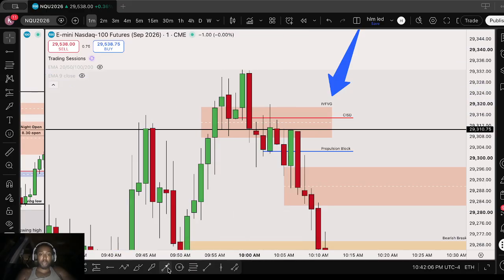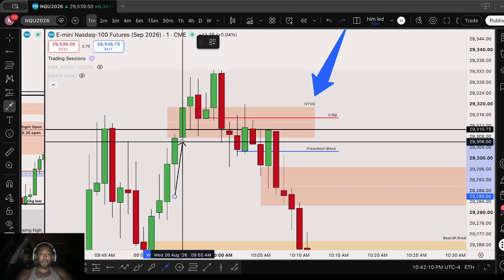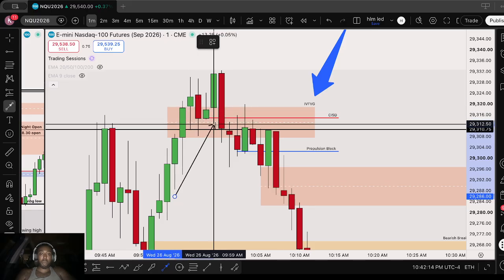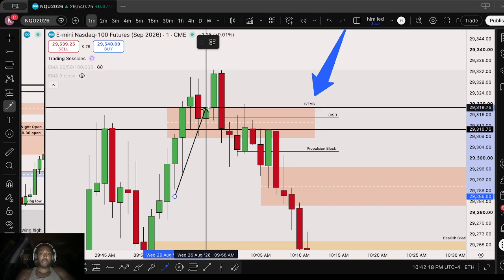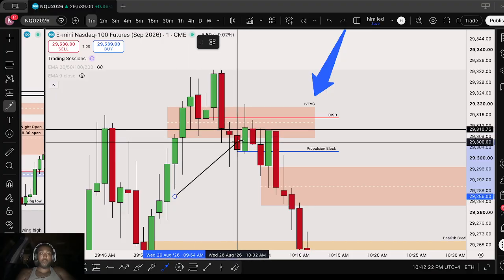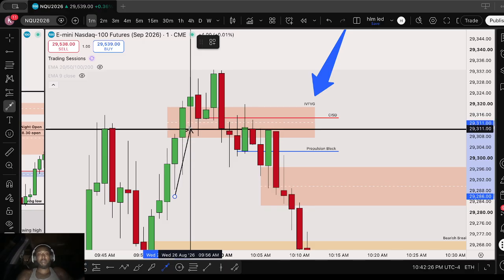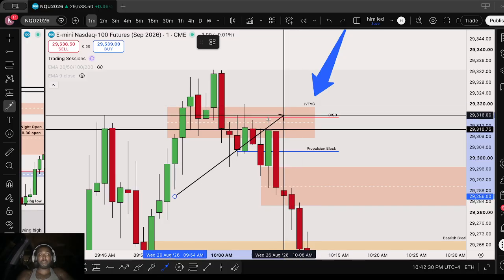So the first PD array, we have this fair value gap right here. You see how we use it, then we close below it right here, creating these two bullish candles closing below. It's an order block, and we're closing below this zone, which was first a bullish fair value gap, and now we're treating it as an inverse fair value gap.